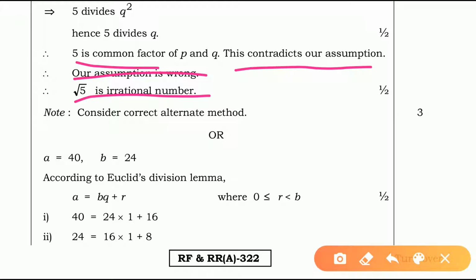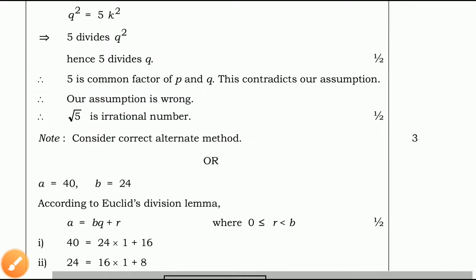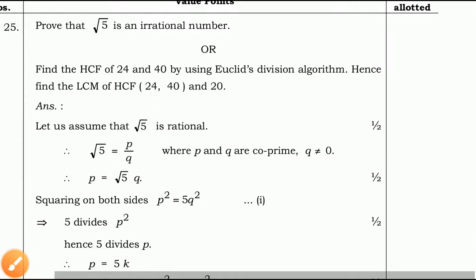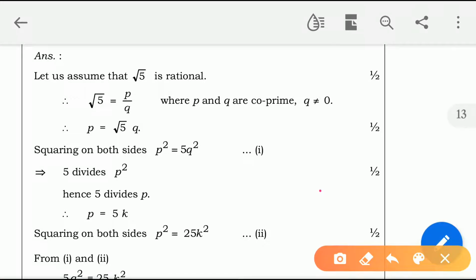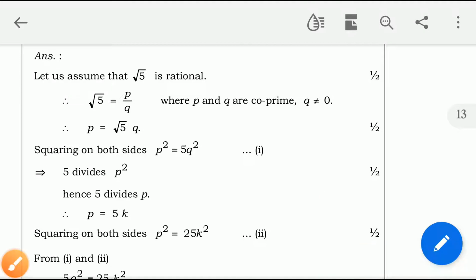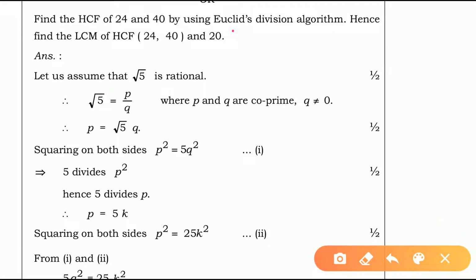Second question, the choosing question is like this. Find the HCF of 24 and 40 by using Euclid division algorithm, then find the LCM of that HCF and 20.